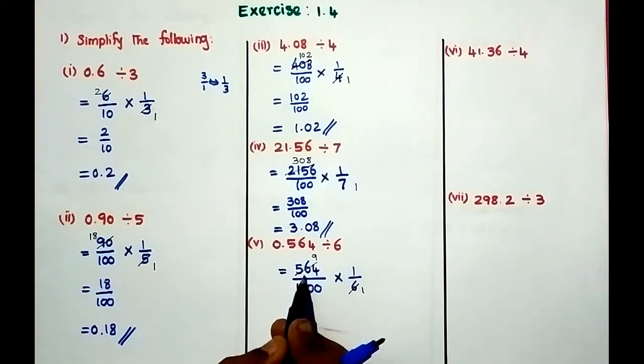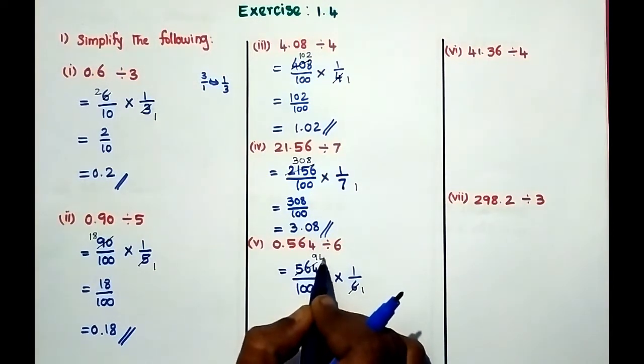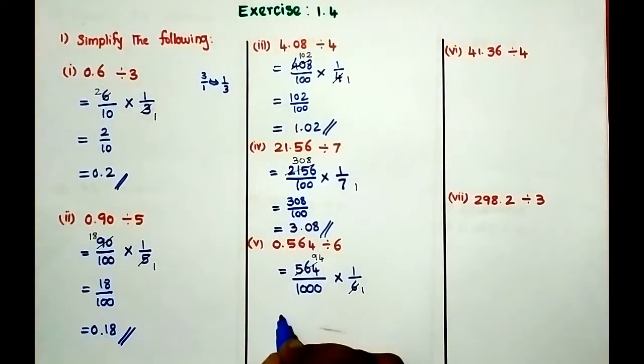Balance 2, 24. 6 4s are 24. So 94 divided by 1000. Before 3 digits we have to keep the point. 4 9, and put 0 and then keep the point. So 0.094 is the answer.